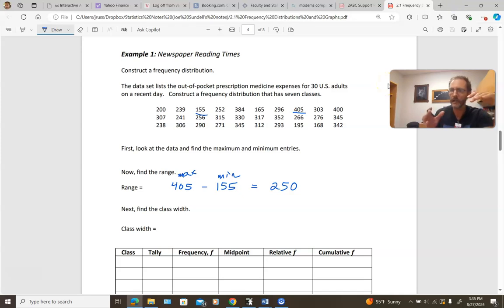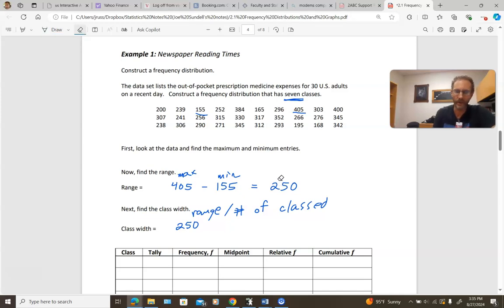Now to find the class width, what we need to do is we need to take this range and we need to divide it by the number of classes that we want to use. Well, you can see up here, we're looking at using 7 classes. Okay, so I need to take the range and divide that by the number of classes.